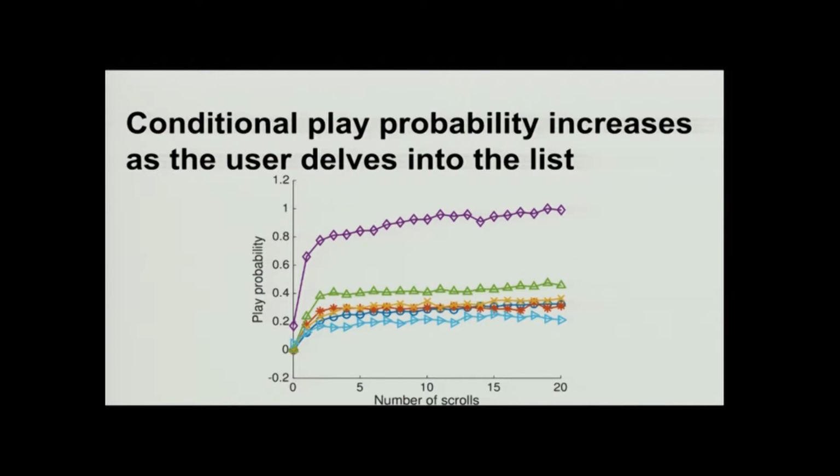Let's first of all look at some properties of this data set. Here the horizontal axis is how far the user scrolls on a row. We see that as the user scrolls more on a row, the conditional probability of playing a video is much higher. So this also confirms our choice of using scrolls as navigation signal.